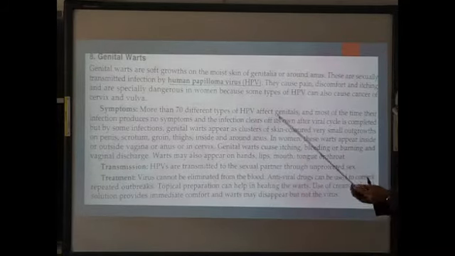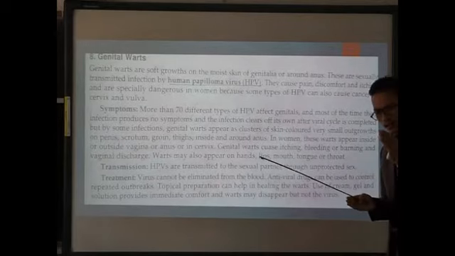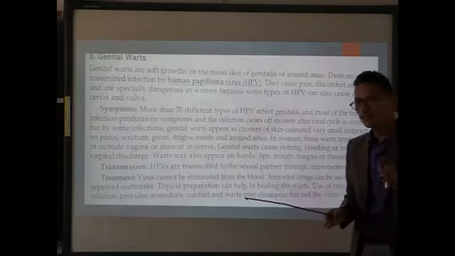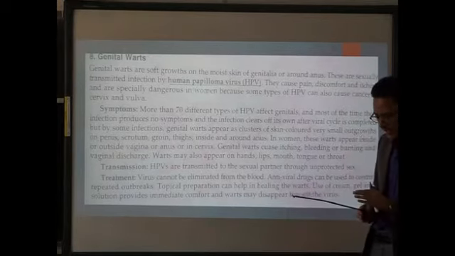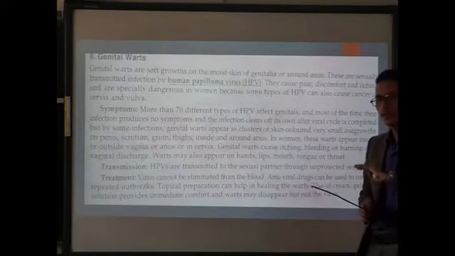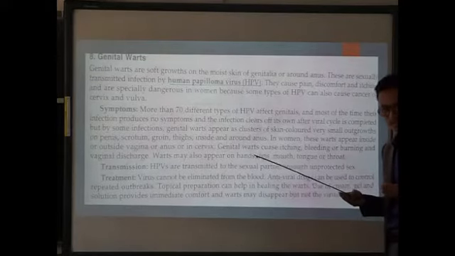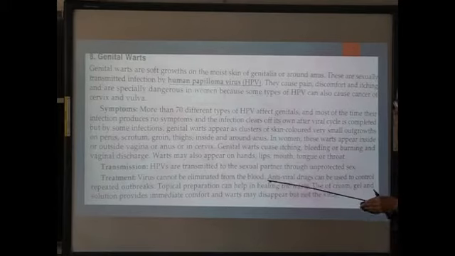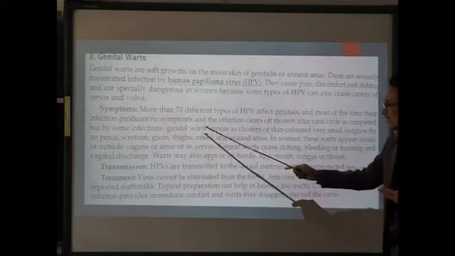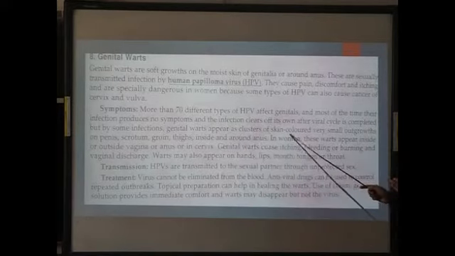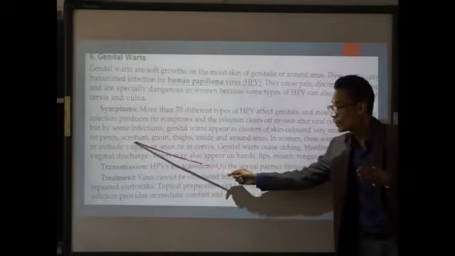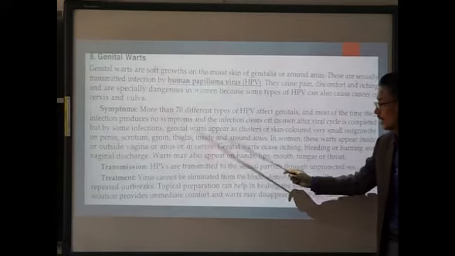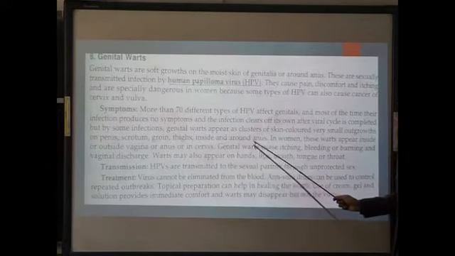Now symptoms. Most of the individuals who are infected by HPV are asymptomatic. They will not show the symptoms of the disease, and once the viral life cycle is over, it will be cleared. But in certain cases, the symptoms will appear. There might be genital warts, even as clusters of skin-colored, very small outgrowths on the penis, scrotum, groin area, on the thigh, inside and around the anus.